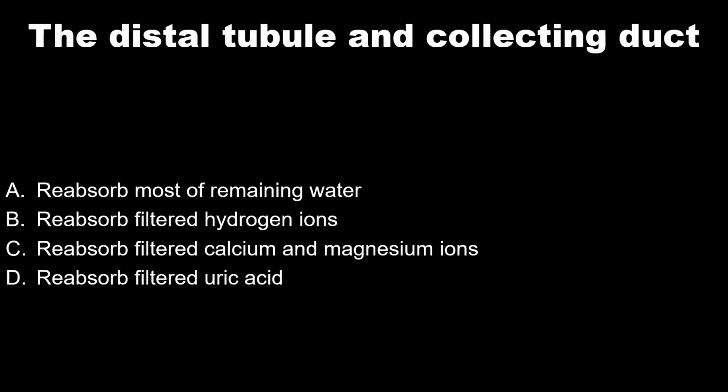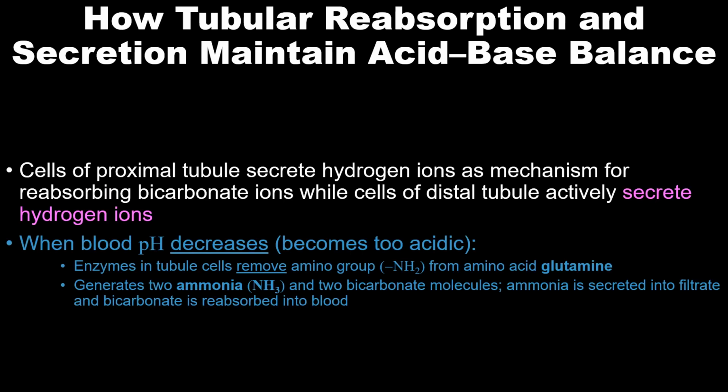Now, the distal tubule and the collecting duct are best summarized as what? They reabsorb the majority of the remaining water. Remember that. Now, the kidneys are able to adjust reabsorption and secretion, and this helps maintain pH homeostasis, especially when we're talking about hydrogen and bicarbonate ions.